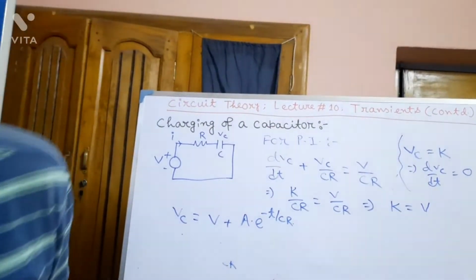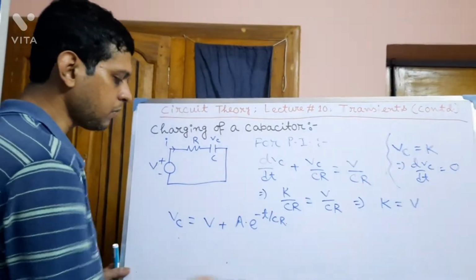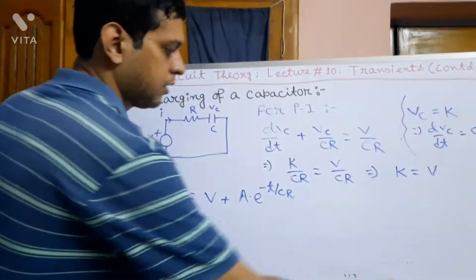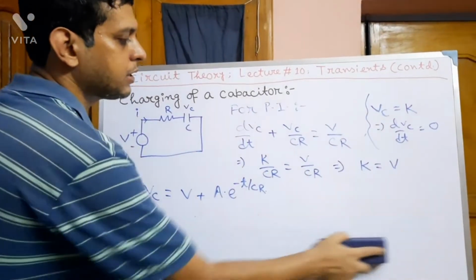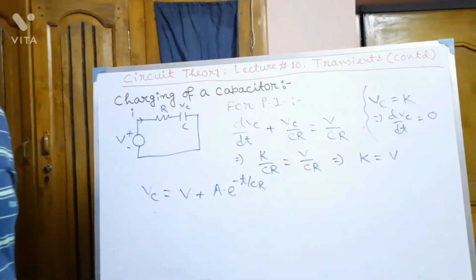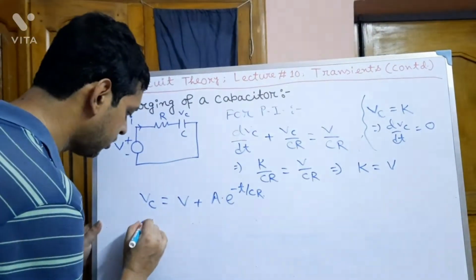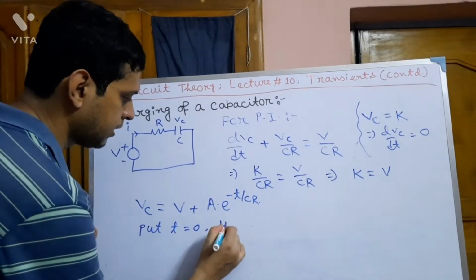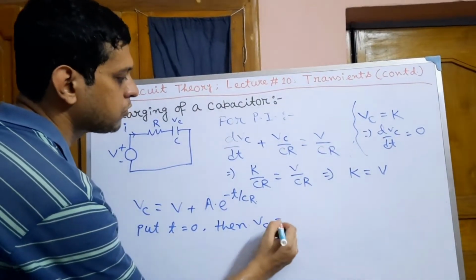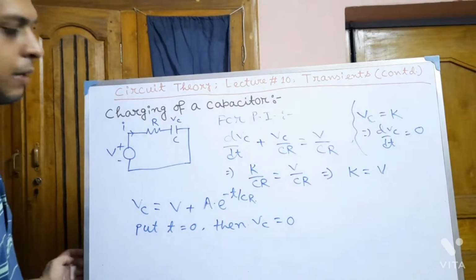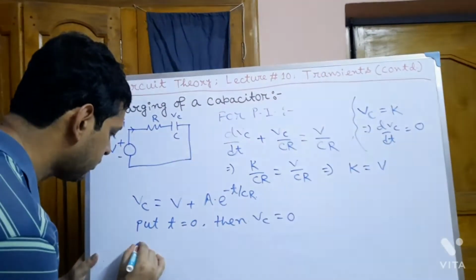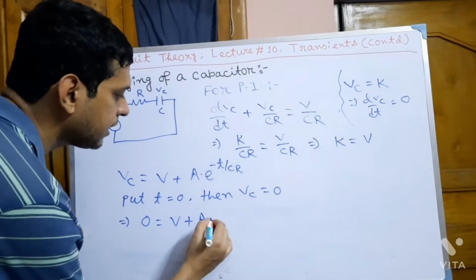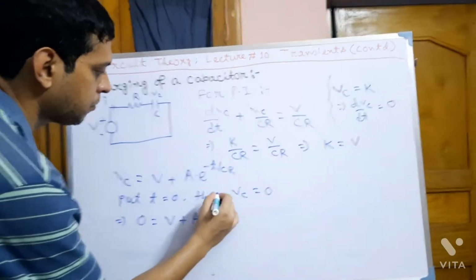Now if the initial condition is 0, that is, the voltage across the capacitor at t equal to 0 is 0, an initially relaxed capacitor, then putting t equal to 0, Vc equals 0. So 0 equals V plus A e to the power 0.